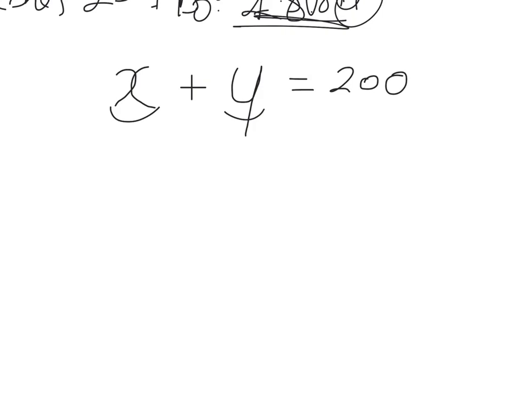Now we're told that a standard seat costs £8 and a deluxe seat costs £10. If the cinema is a sellout, then the revenue is £1,900.